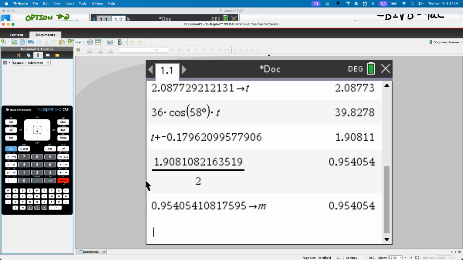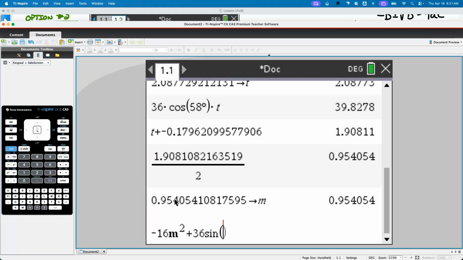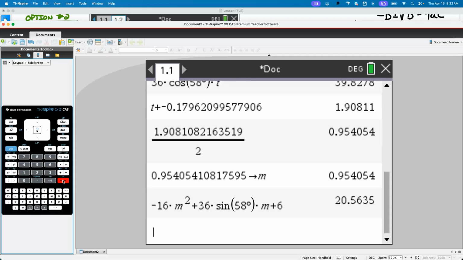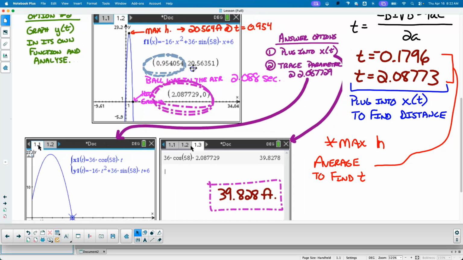So now I would go negative 16 m squared plus 36 sine of 58 degrees times m plus 6. And that gives me that the ball is at a maximum height of 20.5635.